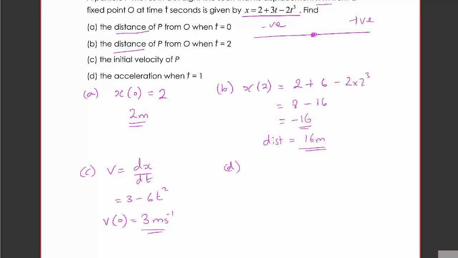And then in part D we want the acceleration when t is 1, so a is going to be dv/dt, so we're going to differentiate this, so that's going to be negative 12t, so a of 1 when t is 1 is going to be negative 12 meters per second squared.